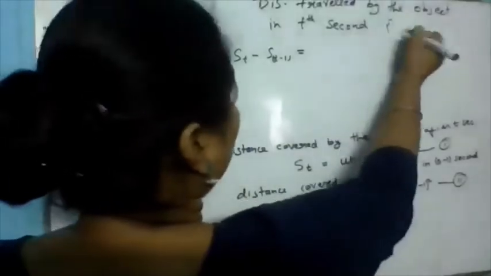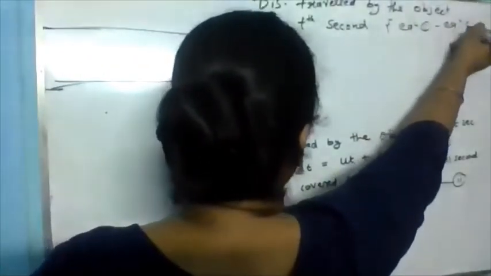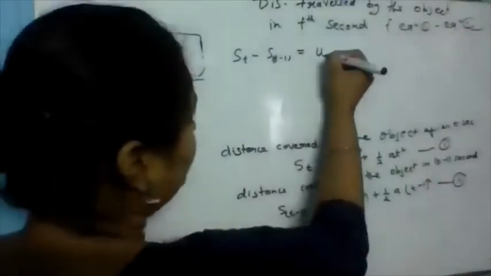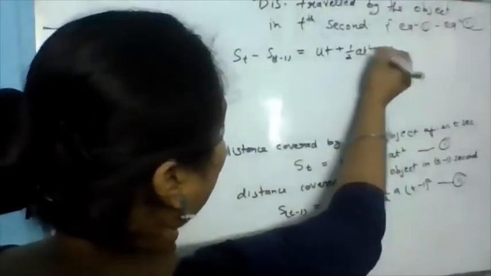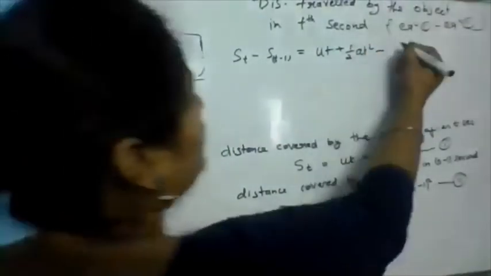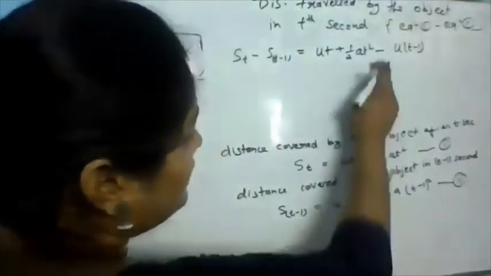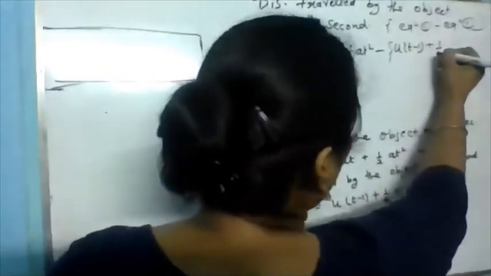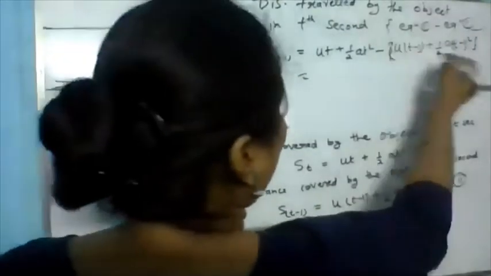Simply you can write equation 1 minus equation 2. So now we have ut plus half at square minus u(t minus 1), and because the minus sign is here, let me write it as it is, half a (t minus 1) whole square. Now just open this bracket.